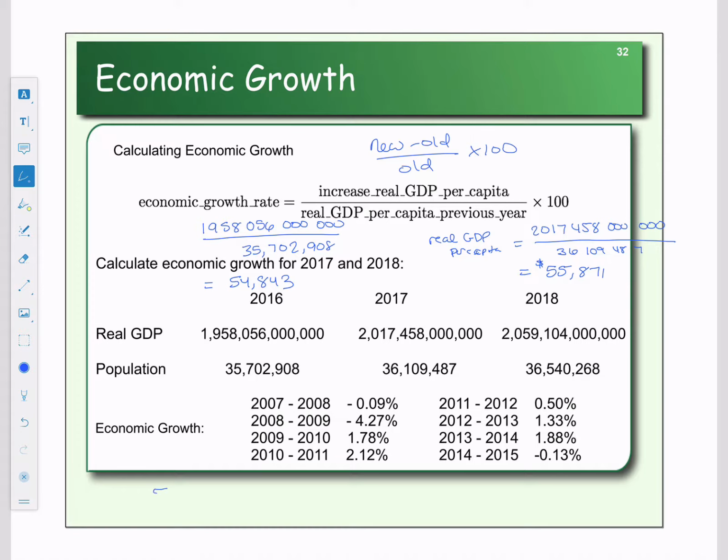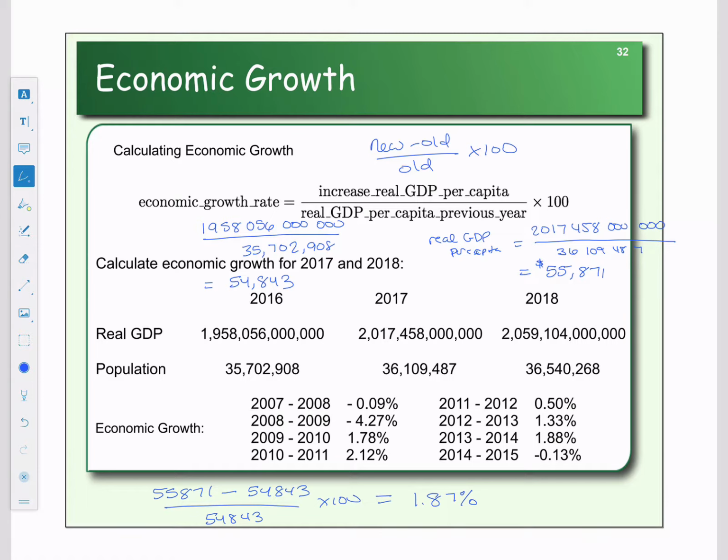So in this case, it would be 55,871 minus 54,843, divided by 54,843, times 100, and we get a growth rate of 1.87%. So from 2016 to 2017, the economy grew 1.87%.